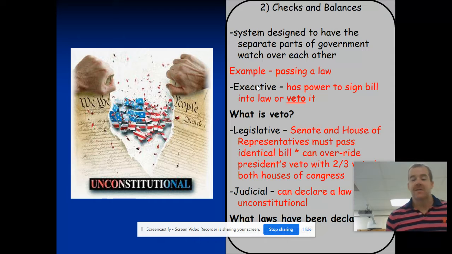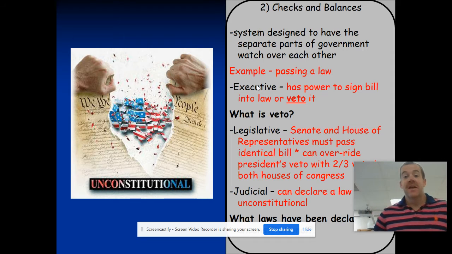The next one, this is important. This is a big one. This idea of checks and balances. In our Constitution, we have three branches of government, and each branch has a certain role.